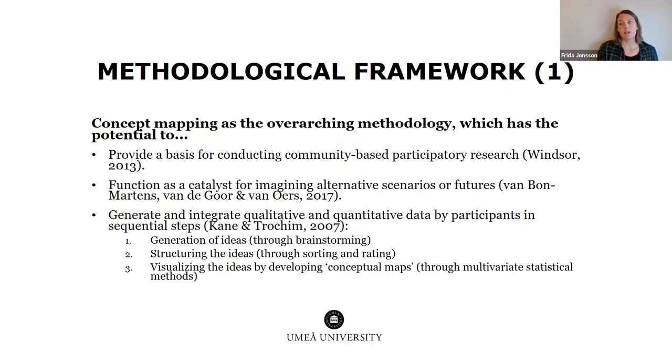As a researcher, you can decide on what sort of scale you want them to rate them, and we decided that we wanted our participants to rate according to feasibility and importance on a Likert scale from 1 to 5. Then after you brainstorm the ideas and you've had the participants sort and rate them, you end up visualizing these ideas by developing conceptual maps, which you do through multivariate statistical methods.